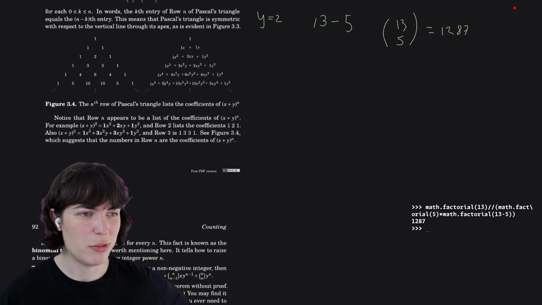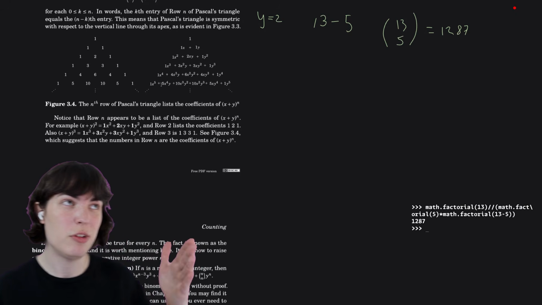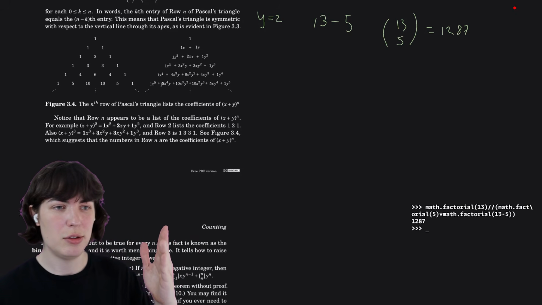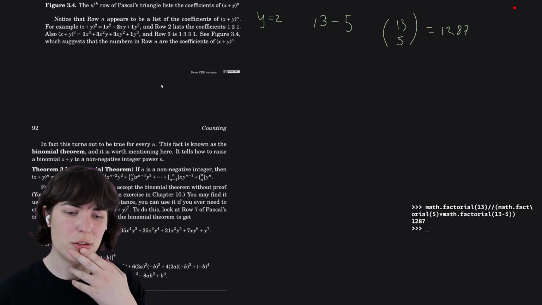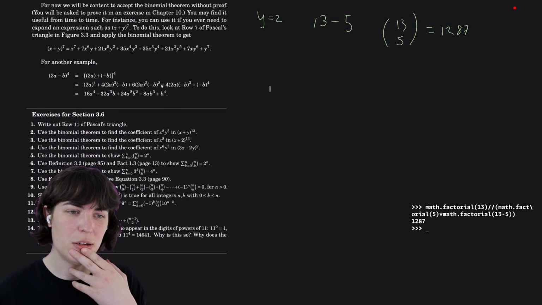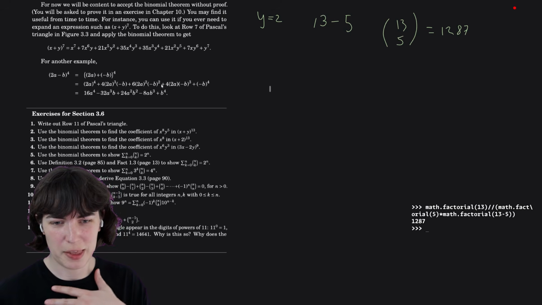And then we start off at 5, and we start off at 13, and we try to get to 8. So we end up with the fifth being our k, and 13 being... yeah, okay.